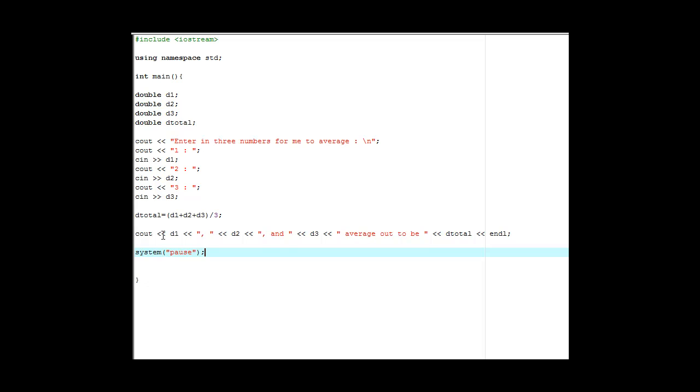Okay, so what I'm saying is output the first number, comma, second number, comma, and the third number, average out to be the total, and then end the line, and then pause.